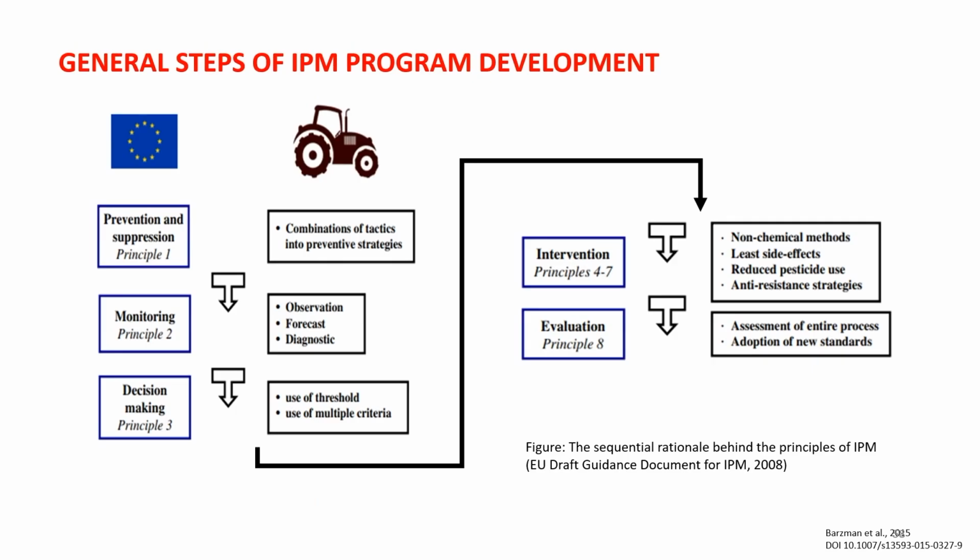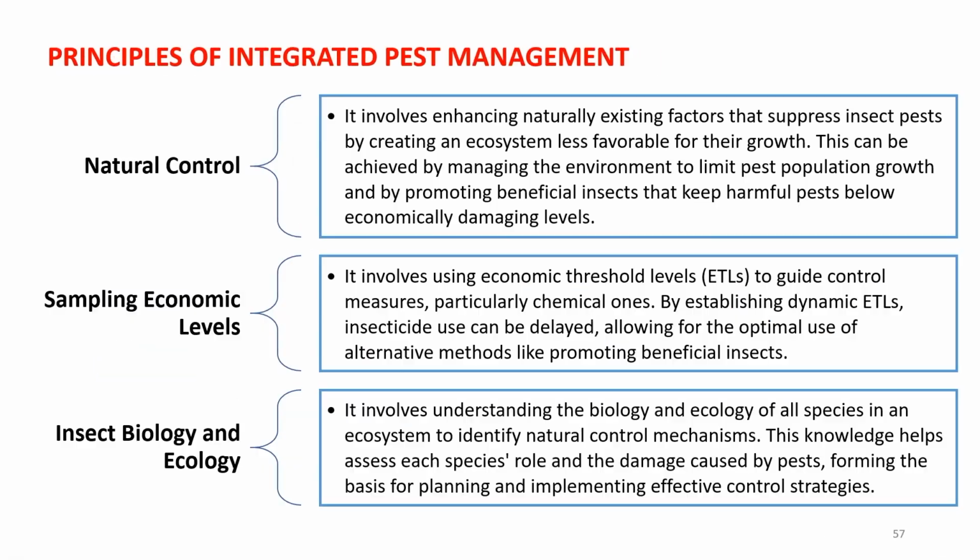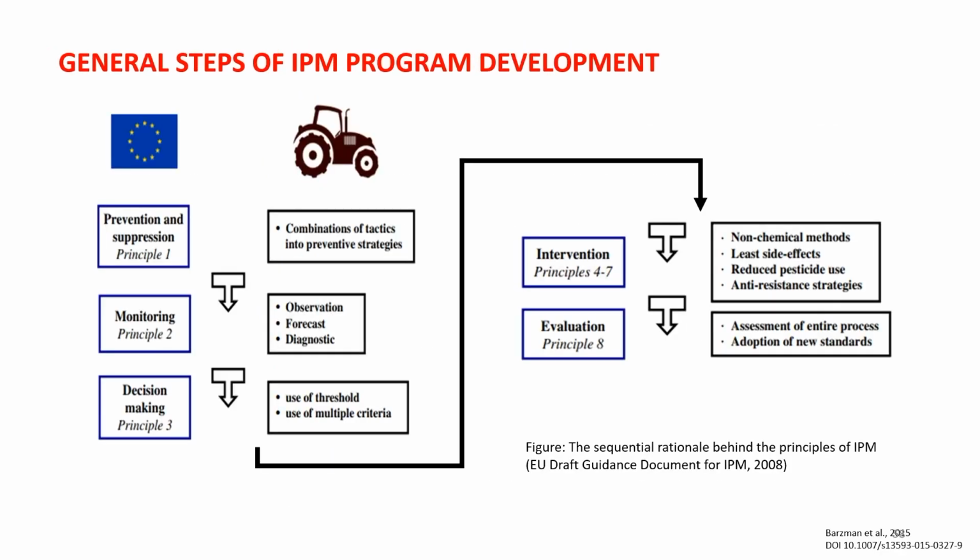So, this figure provides the general steps of IPM program development. This is taken from the European Union draft guidance document for IPM published in 2008. So, the first step starts with prevention and suppression, principle number 1, principle number 2, constant monitoring, number 3, decision making based on scientific studies like sampling economic levels and also understanding biology and ecology of all species in an ecosystem.